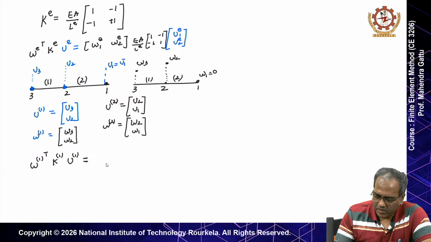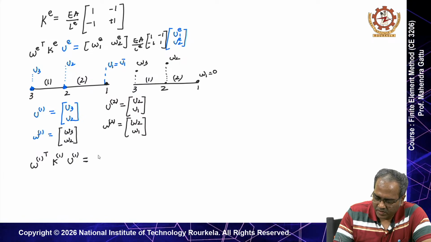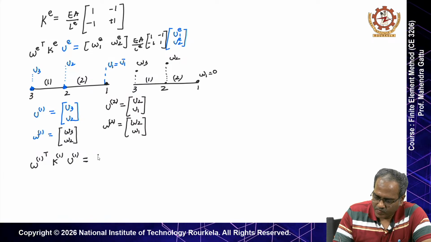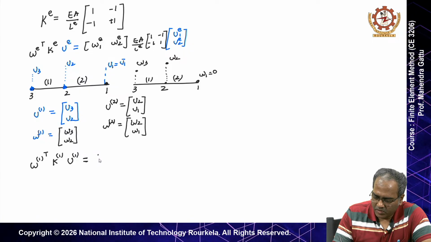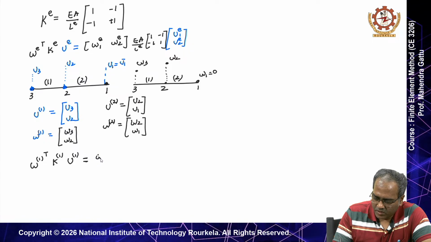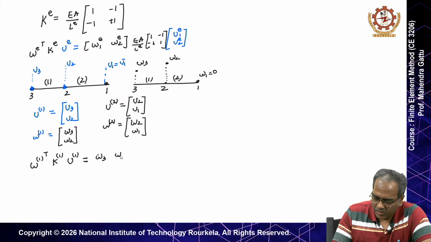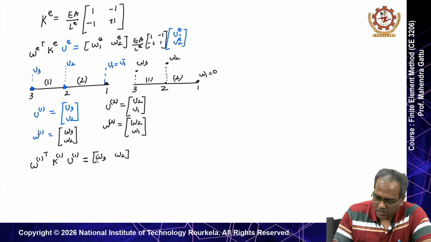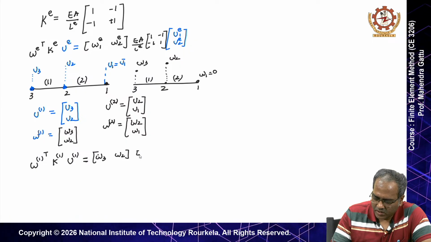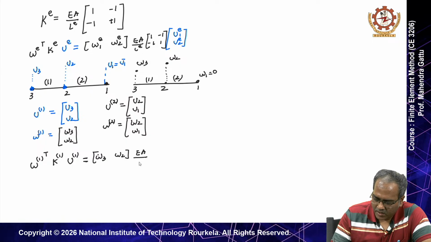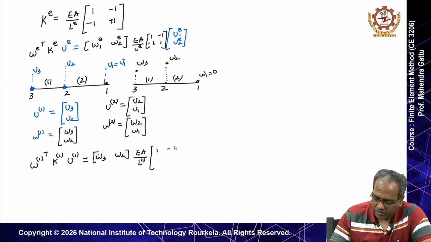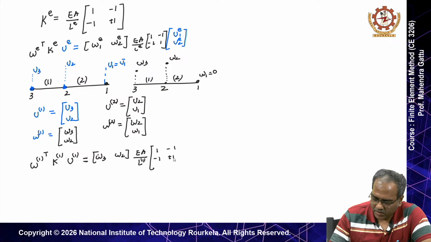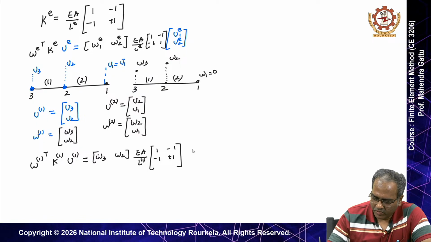So, here our first term will be W3, W2, the second term is EA by L1 times 1, minus 1, minus 1, plus 1, and U for element 1 will be U3, U2.